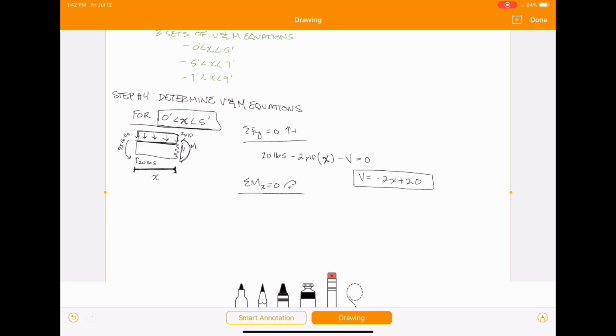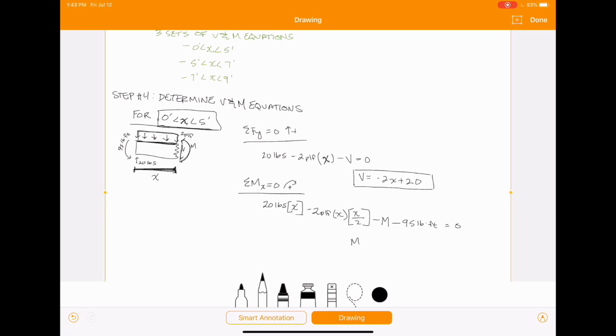So we're going to get 20 pounds times, again, a distance x, minus 2 PLF times x times our moment arm, which is going to be x over 2, minus M. And of course, don't forget your reaction moment, which is 95 pound-feet, which equals 0.